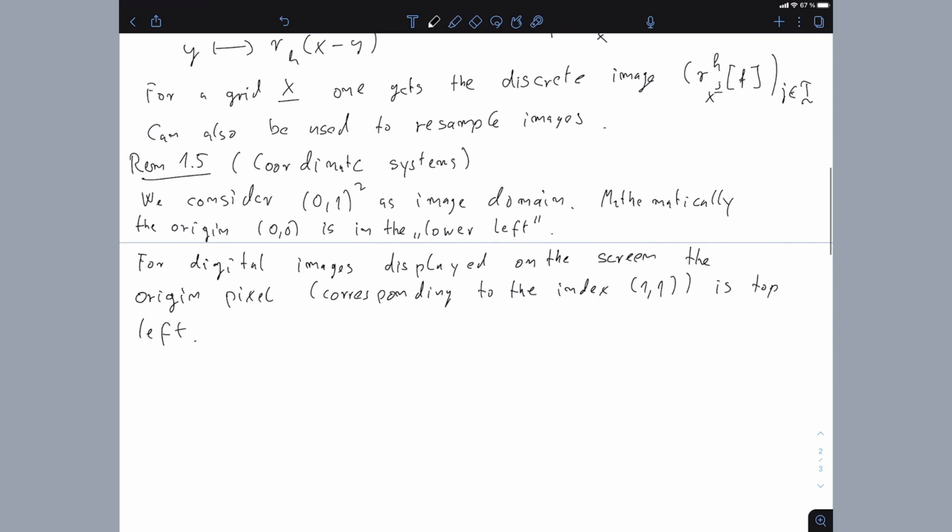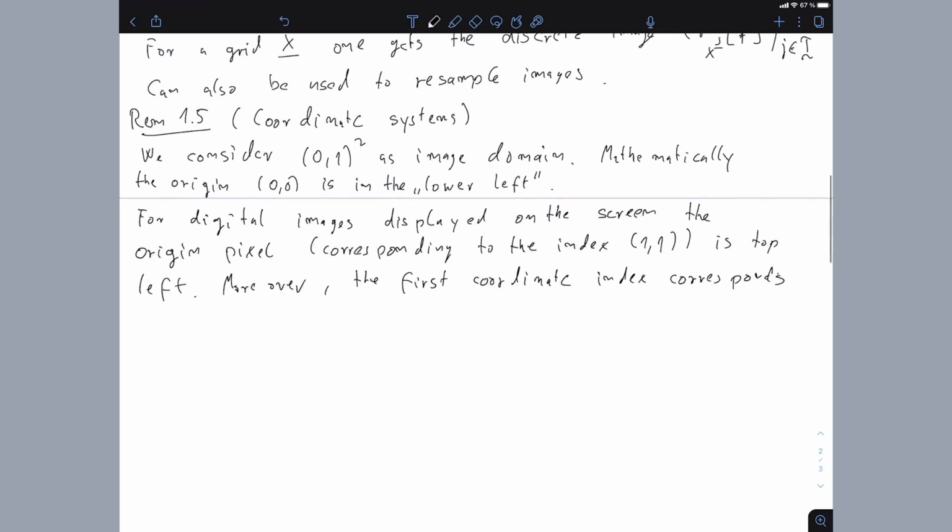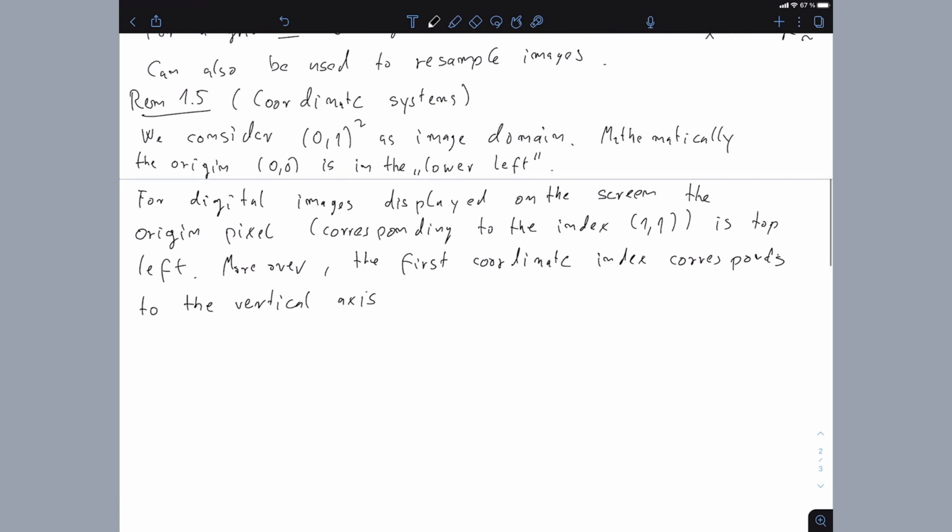And also the axes are switched. The first coordinate index corresponds to the vertical axis, and the second to the horizontal axis.